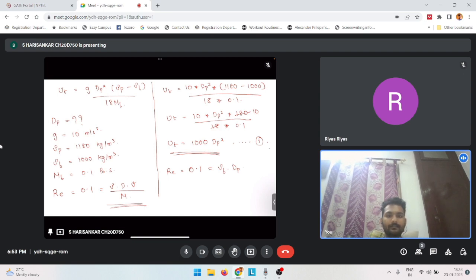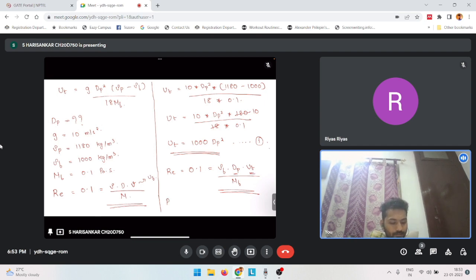Since this is at terminal settling velocity, this velocity will be equal to ut. So this will be rho f into dp into ut by mu f. We have the values for all these things except dp and ut.